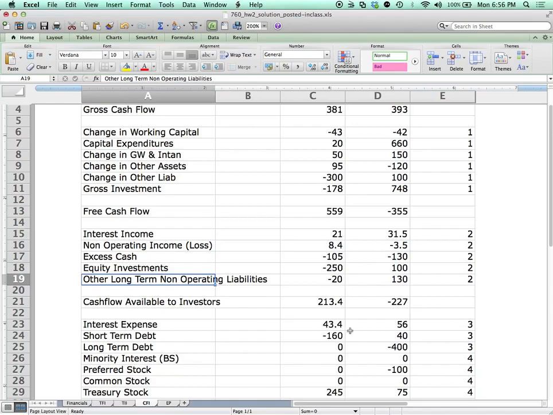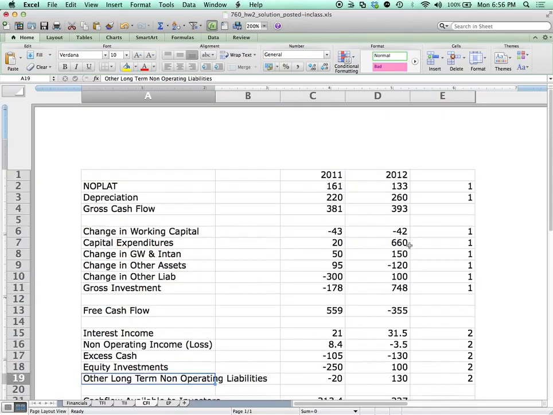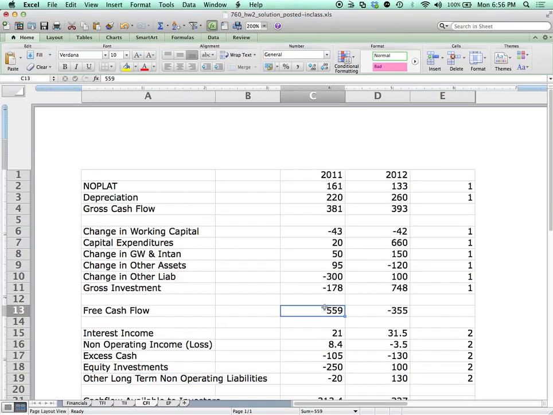All right. But here's the story. Free cash flow. Free cash flow tells us whether or not our operations are generating cash, therefore have any value. If we don't have free cash flow, we don't have value. Because remember, free cash flow is the cash that can be paid out to our investors. So in this case, in 2011, we generated $559 million worth of free cash flow.